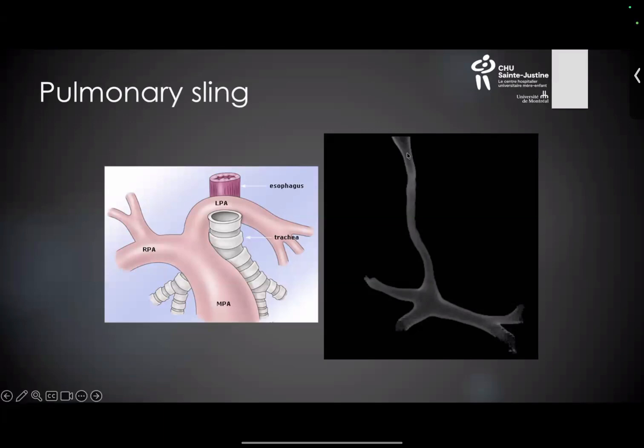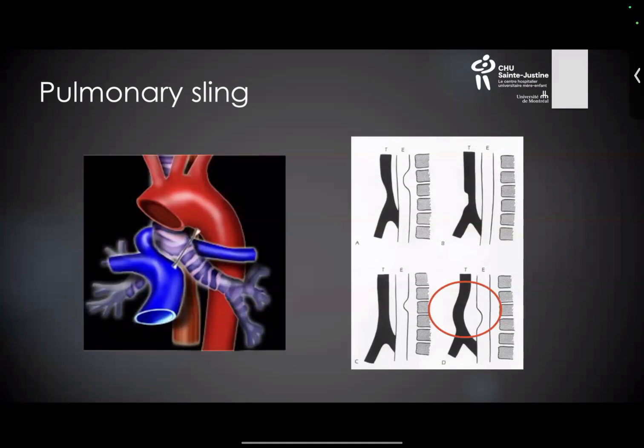Here you have the trachea, and you have tracheal rings that make tracheal stenosis, and afterwards the main bronchus that was normal. On your barium swallow, that would be the only pathology that makes a print on the anterior surface of your esophagus. Here it's your regular vascular ring, and here it's your pulmonary sling.